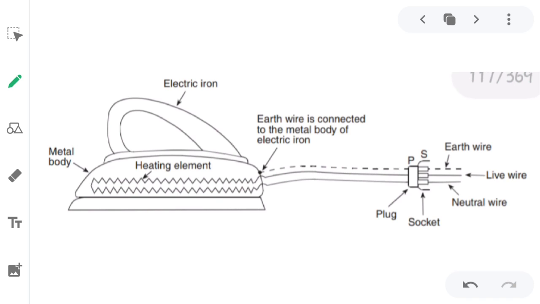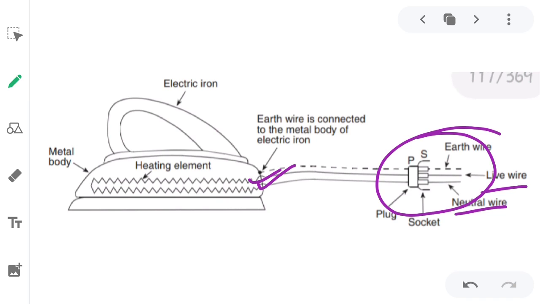Here the earth wire is connected directly to the metallic body, and then that wire comes to the fuse, from where the live wire and neutral wires are there.